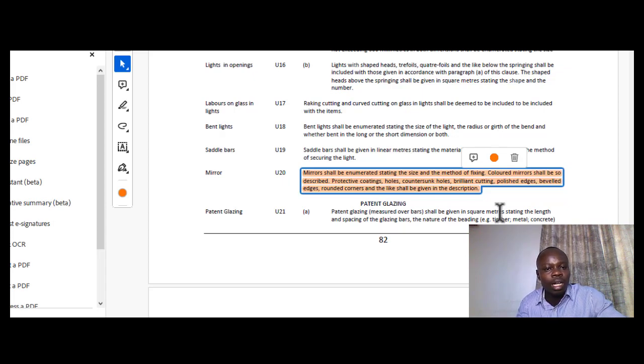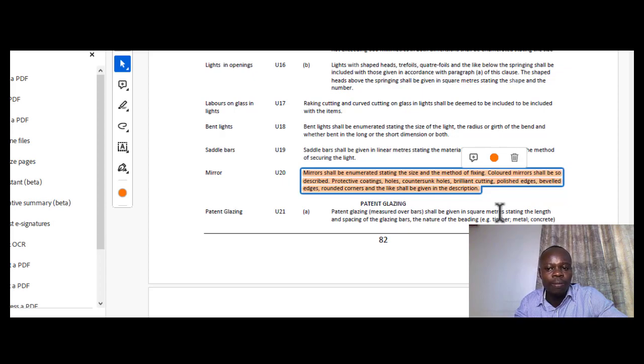Generally for mirrors, you enumerate them. You just measure them in number, depending on the information you have: 1, 2, 3, 4 mirrors in the house. But it is important that you state that it is polished, so that it is definitely a mirror, because you are using glass but have to modify it so that it fits the purpose for which it is intended.